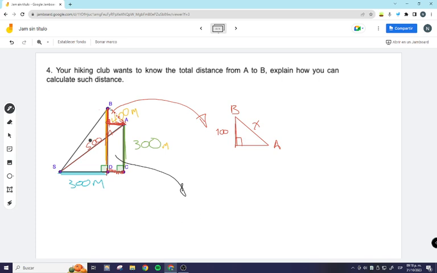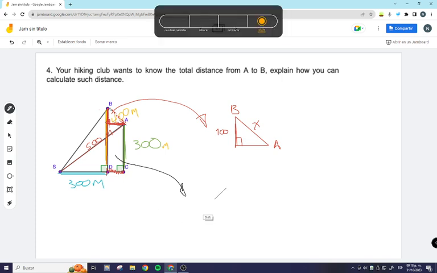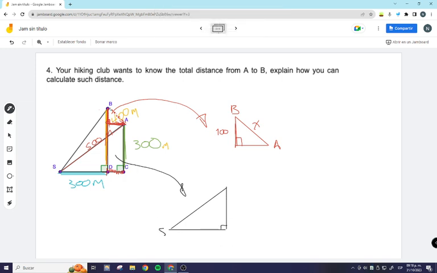Look, I'm going to draw this triangle apart. This is SCA. We know that this is 500. We know that this is 300. And we have the hypotenuse.